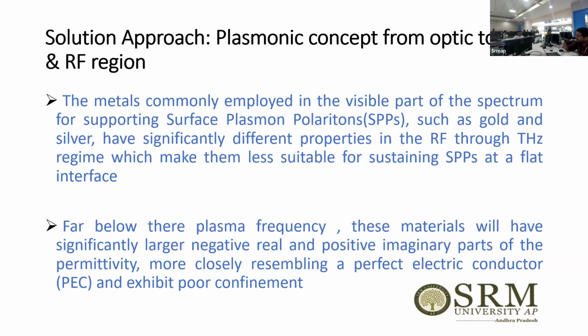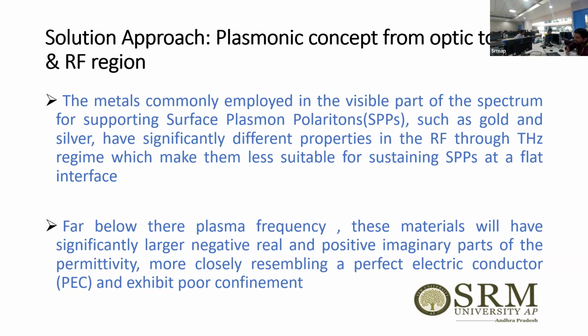So if you take the gold nanowires that operate at the optical frequency range and try to operate them at a lower frequency range, from RF through terahertz, they exhibit significantly different properties. Far below their plasma frequency, these materials have a significantly negative real part and a positive imaginary part.